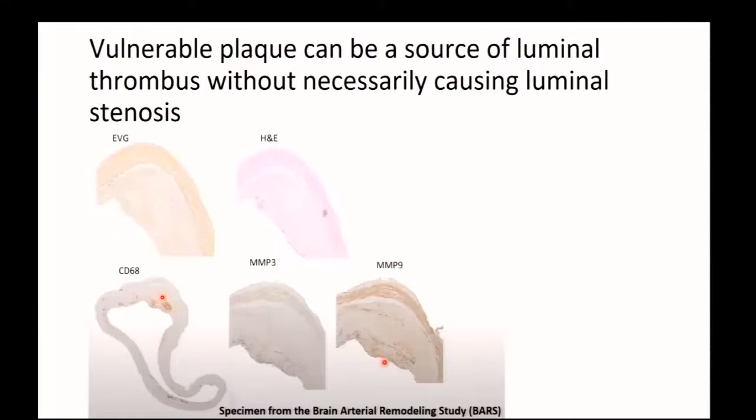And this is why I like to call it ICAD, not ICAS. It's not just about the stenosis, but vulnerable plaque can be a source of luminal thrombus without necessarily causing luminal stenosis. And this is a very important point, and I can make an argument that a big portion of our cryptogenic strokes are related to substenotic or non-stenotic ICAD.